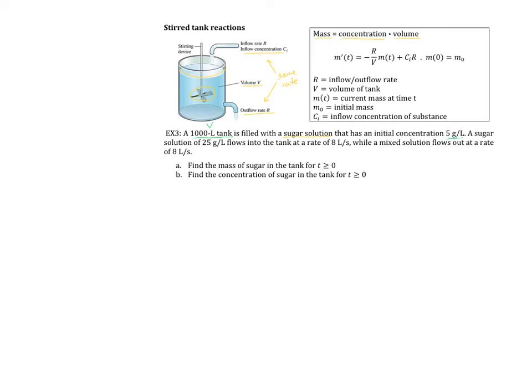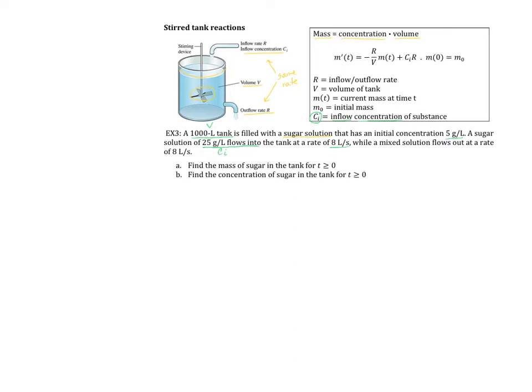A sugar solution of 25 grams per liter is going to flow into the tank. Okay? So that value is going to be this C sub I, which is the inflow of concentration. Now the rate that it's flowing in is 8 liters per second.